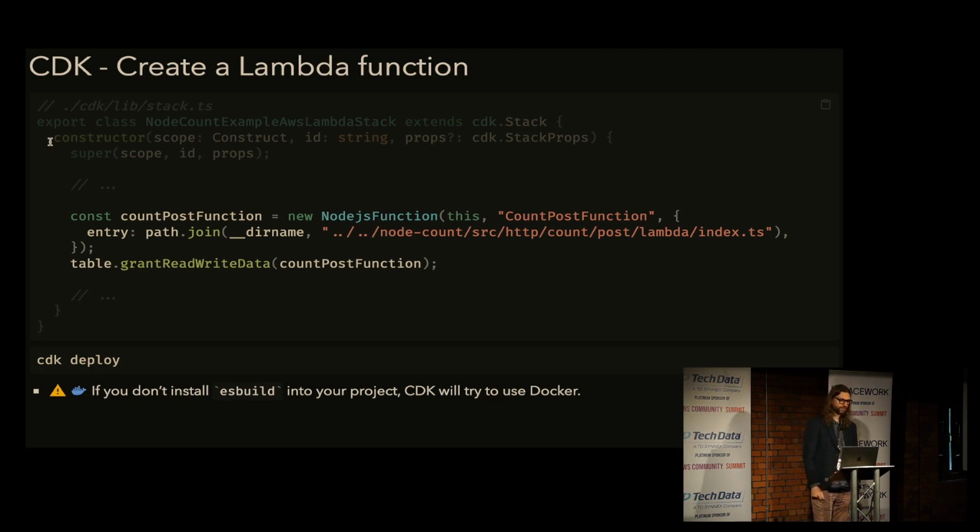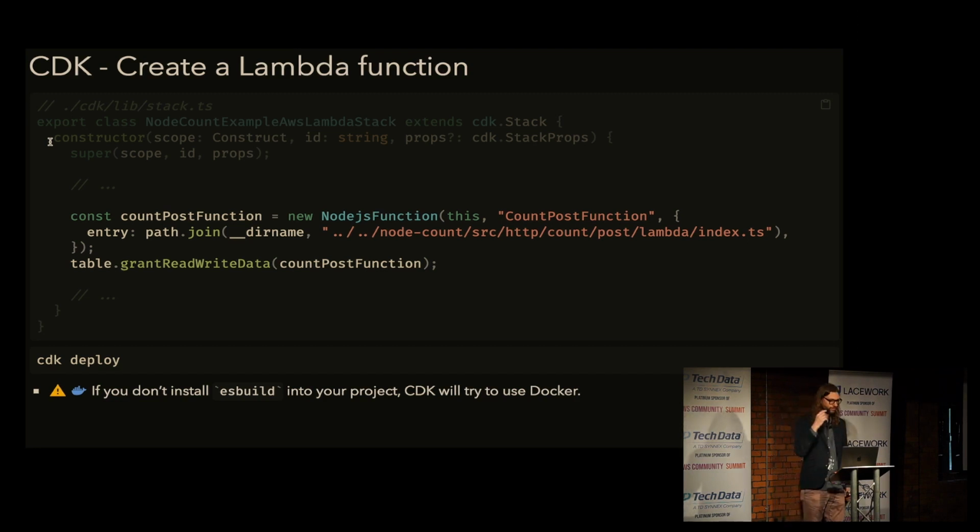And then you can grant read and write access. So here we've also got this other brilliant feature of CDK, which is when you have a function, it implements something called a grantable, which means that it has an implicit identity and access management role.